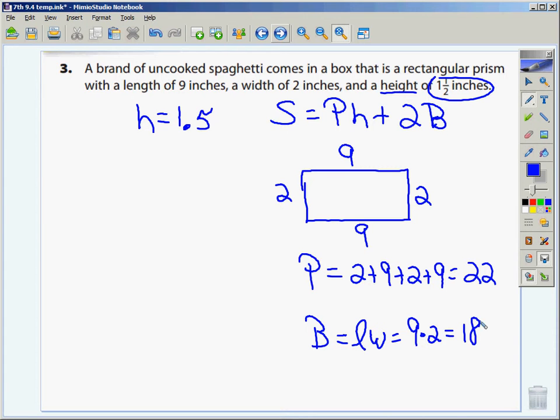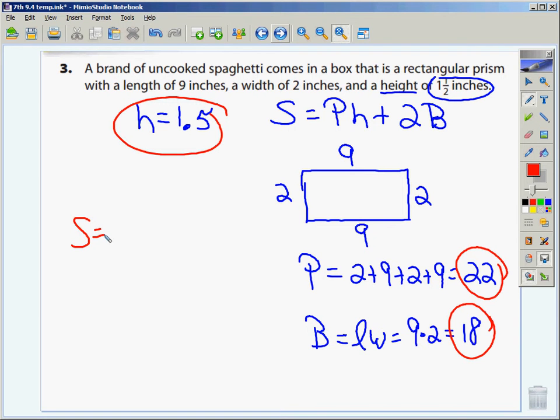Once I have these three pieces of information, I have P, I have B, and I have H. All I have to do is plug them into the formula. S equals, what do I put in place of P? 22.